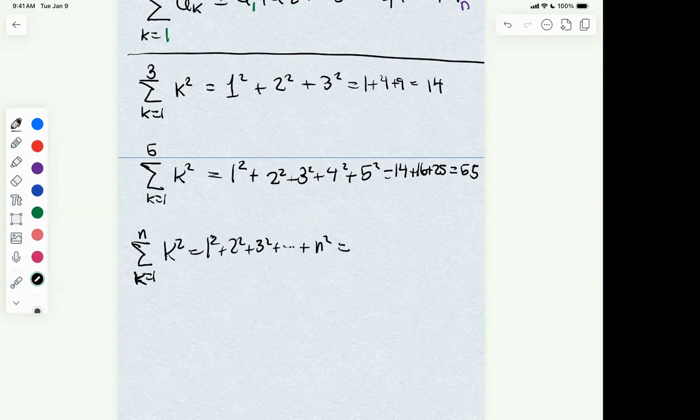But that is literally what it's computing, the sum of the first n squares. It is all being summarized here, so it's a way to avoid dots. I just wanted to make sure I didn't spoil it. There it is, that's the sum for the first n squares.